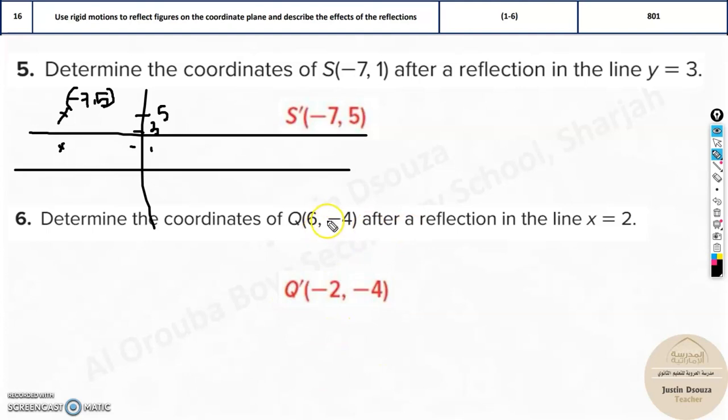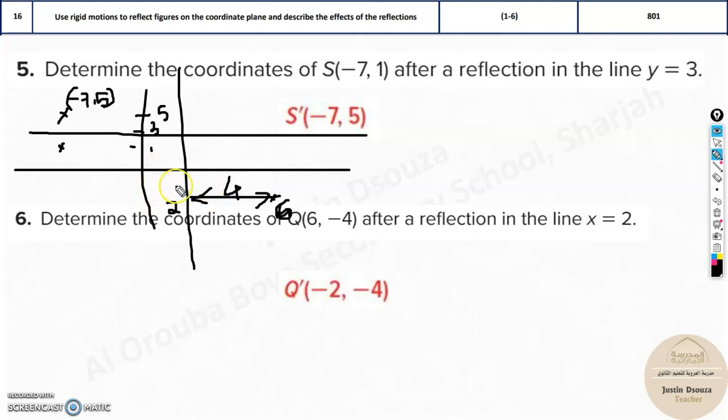Same thing over here. Q is at 6 and -4. Imagine 6 and minus 4 is over here, and along x equals 2. So how much is the difference over here? You need to look into the difference. This is 6, and x equals 2, so there are 4 units.